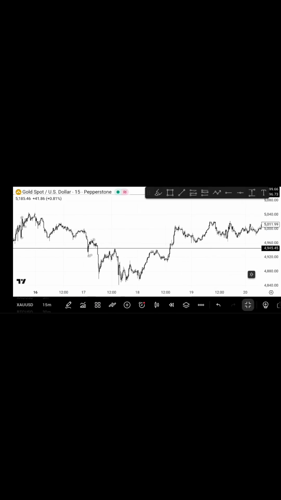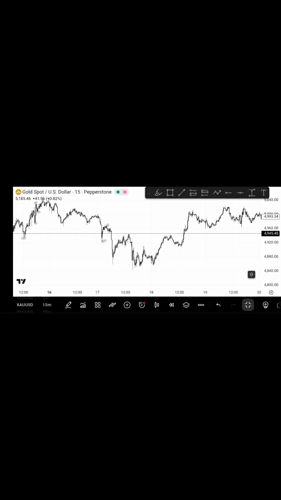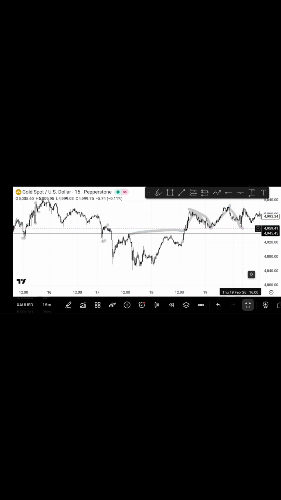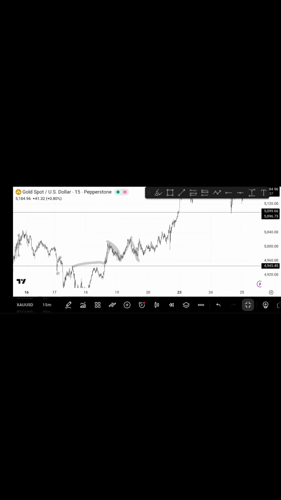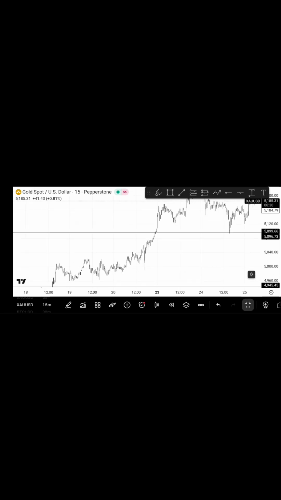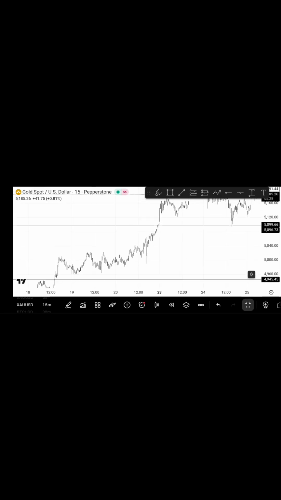Simple. Understand? Market broke the last lower high and continued giving us higher high, higher low, higher high, higher low. So do you see how it works? The market, especially gold, respects trend. Price will always do anything it wants, but it will still respect what we call trend.